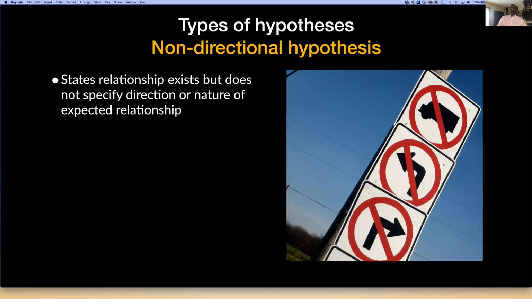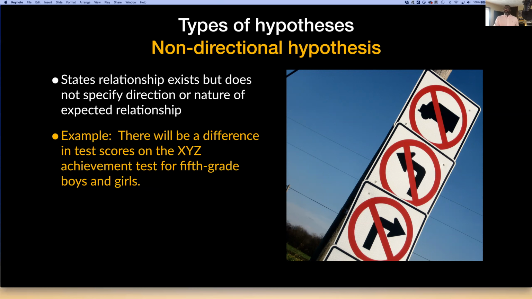Non-directional hypotheses state the relationship exists, but do not specify the direction or nature of the expected relationship. There'll be a difference in test scores on XYZ achievement tests for 5th grade boys and girls. Sometimes researchers can be a bit cagey about what they expect.